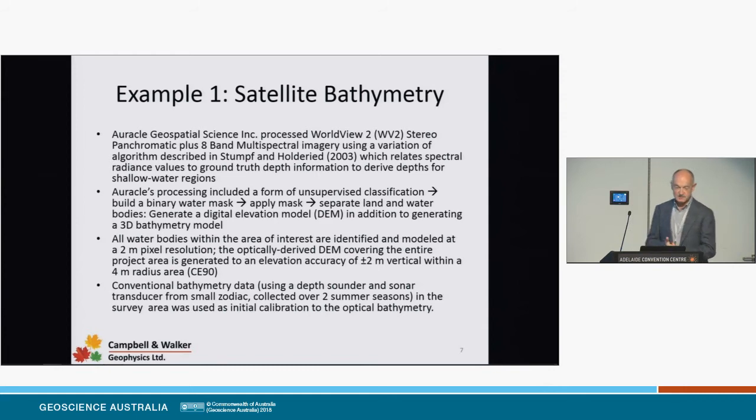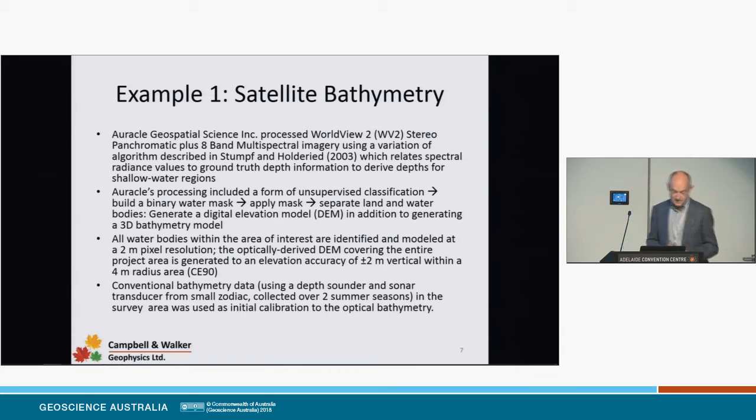We contracted a spatial imaging company called Oracle out of the Victoria region, Vancouver Island, and they used WorldView-2 panchromatic plus 8-band multispectral imagery, and they had to derive a modification to a published algorithm by Stumpf and Holderried, which essentially relates spectral radiance values to ground truth information in order to derive depths for shallow water regions.